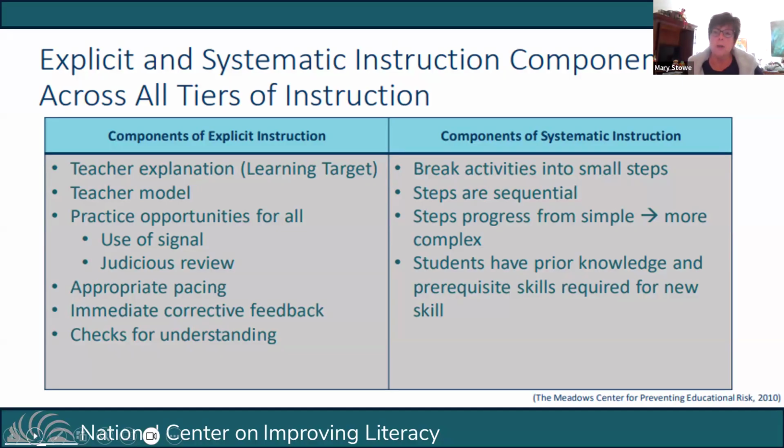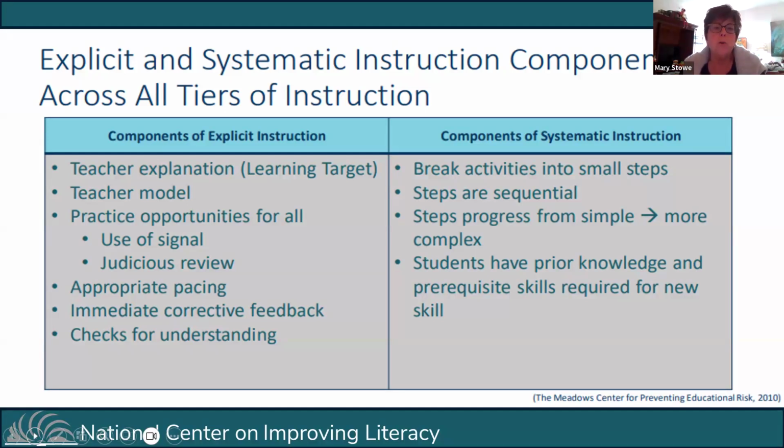We make sure that students know the learning target that we're working toward. So we give them an advanced organizer so that they know what they're engaging with, what we're expecting them to do. We know that the teacher will do modeling, but we're going to provide various opportunities for practice. We might use a signal to cue students.